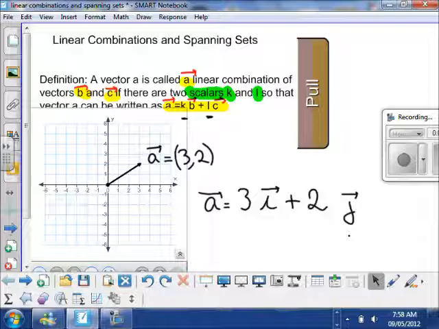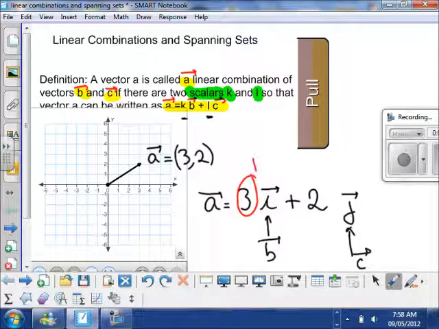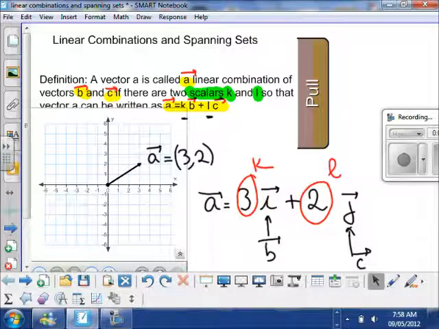Sure, I have it. My two vectors B and C are nothing else but I and J, very special vectors but still vectors, and my two scalars K and L are right here. So it seems like we've been doing this before. It's not the first time we do that.